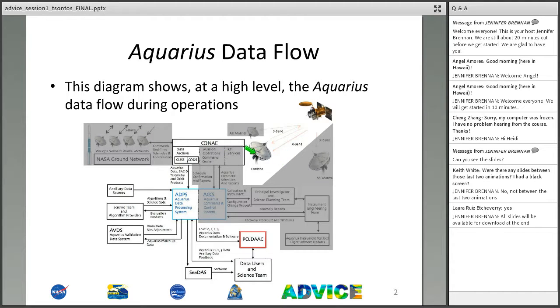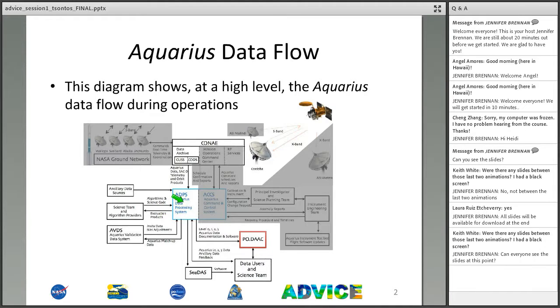Data from these receiving stations were then transferred routinely and automatically to CONAE, the Argentinian space agency partners in Cordoba, where they were aggregated, archived, and repackaged, and then transmitted again in an automated fashion routinely to the Aquarius Data Processing System at NASA's Goddard Space Flight Center.